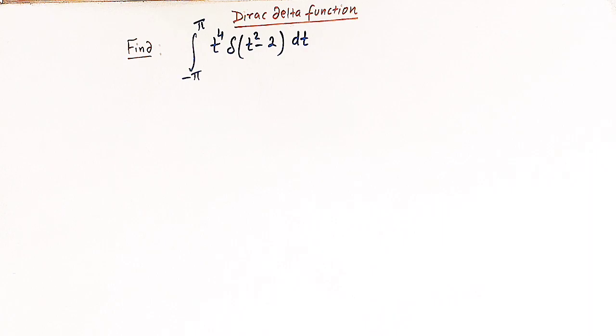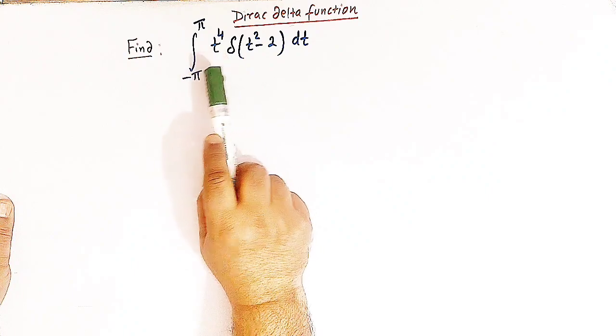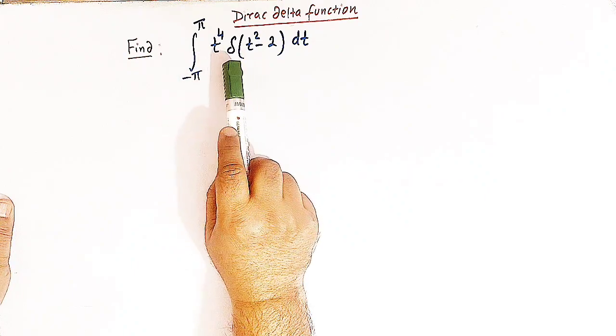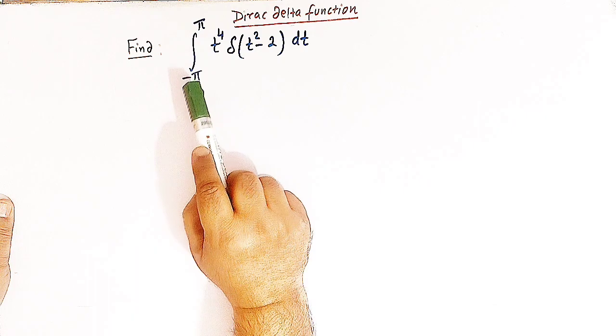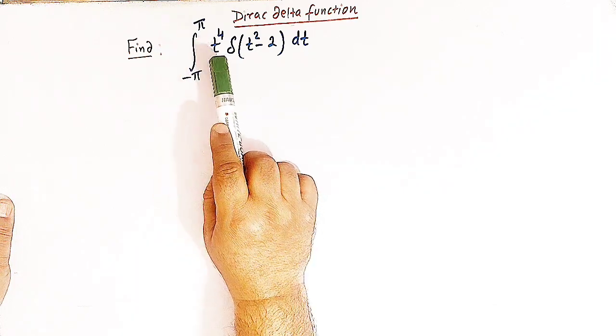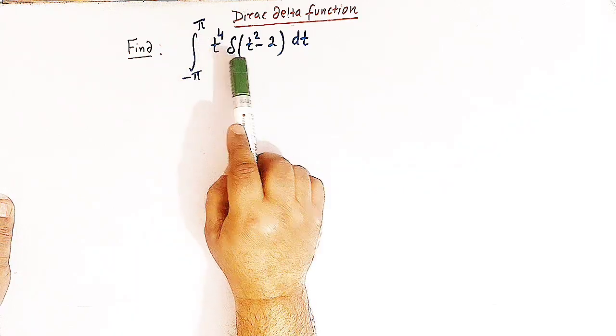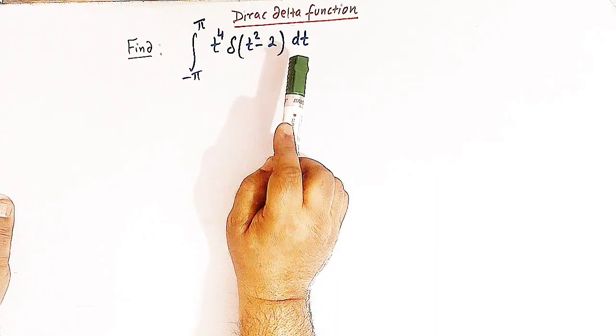Hello viewers, in today's session we are going to discuss another important problem from Dirac delta function. Here we have to find the value of this integral involving the delta function. We have the integral from minus pi to pi of t raised to 4 and delta of t square minus 2 dt.